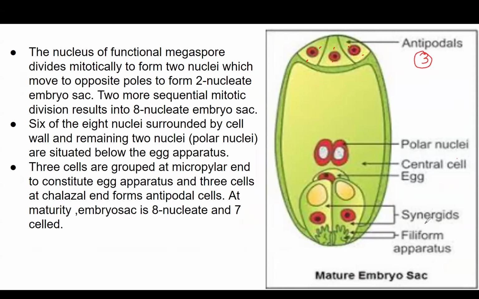Then I have got 2 synergids, and 1 egg cell, and this whole embryo sac is 1 cell. So how many do I have? 3 plus 1, 4, 5, 6, 7. So I have got 7 cells. And how many nuclei? 3 nuclei at the top, 3 nuclei at the bottom, 6 nuclei, and 2 polar nuclei in the center. So there are 8 nuclei and 7 cells. I call this stage 8 nucleate 7 cell.